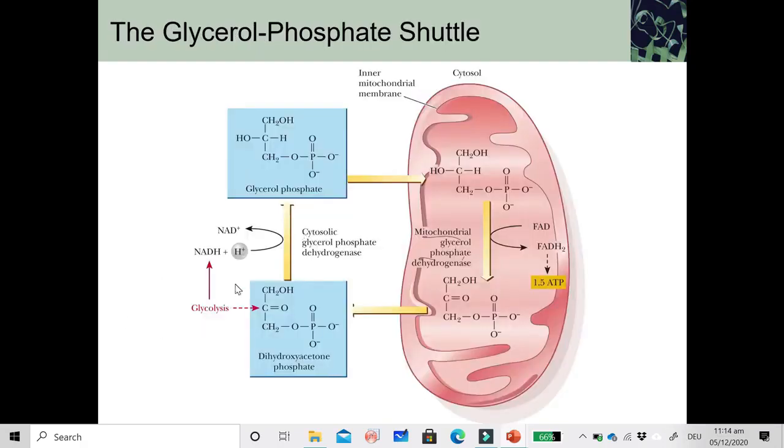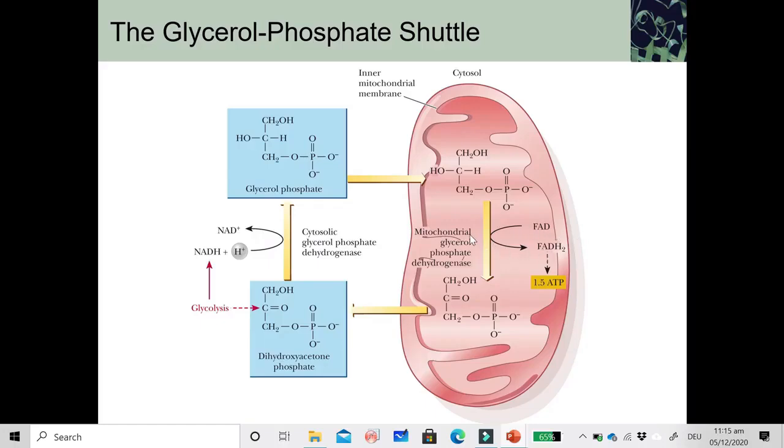The NADH from glycolysis reduces dihydroxyacetone phosphate, which is also produced in glycolysis, into glycerol phosphate. Now that glycerol phosphate is oxidized by an enzyme on the outside of the inner mitochondrial membrane, back into dihydroxyacetone phosphate, which is delivered back into the cytosol, but that produces FADH2, right?